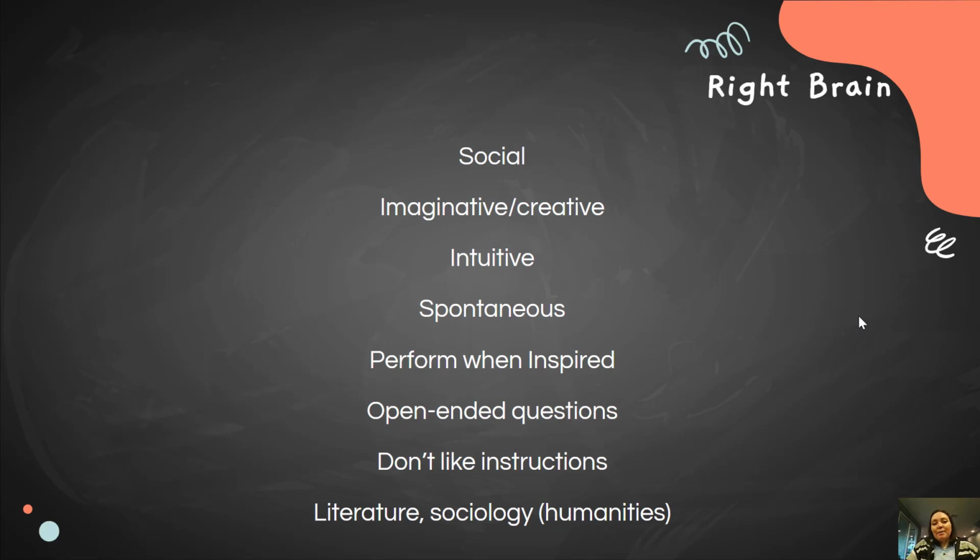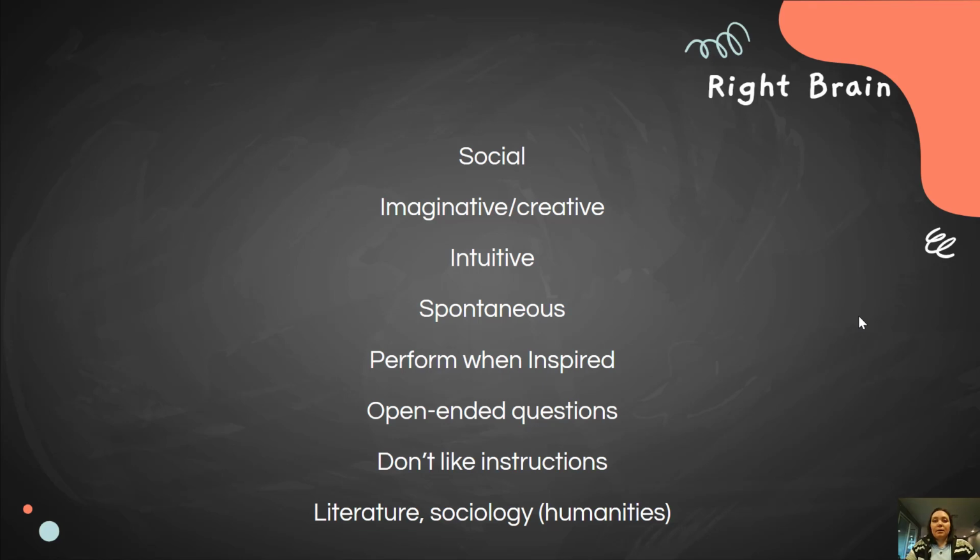If you are right-brained, you're more social. Perhaps you are imaginative or creative. You can be very intuitive and even spontaneous. And so you don't have a problem doing something kind of on the fly, which helps with your creative abilities. You perform when you are inspired by something.